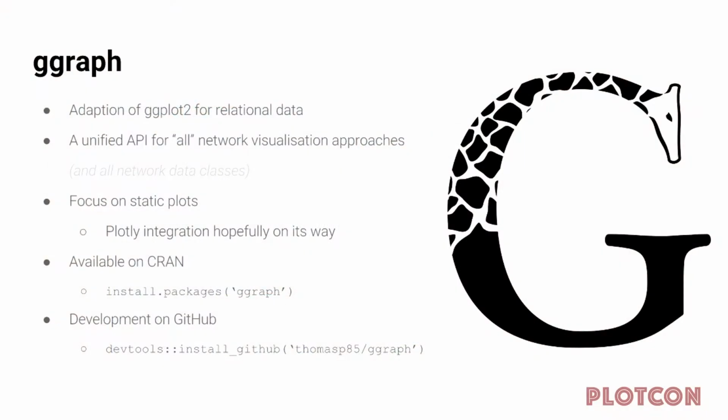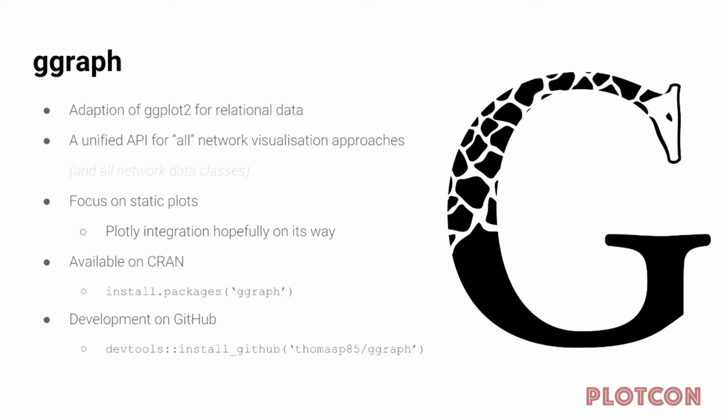So this is my go into gggraph. I, of course, think I can solve some of this at least. gggraph is my package for trying to make a unified API for doing a lot of network visualization. It's an adoption of the whole idea behind ggplot2 for relational data. So it's built on top of ggplot2.